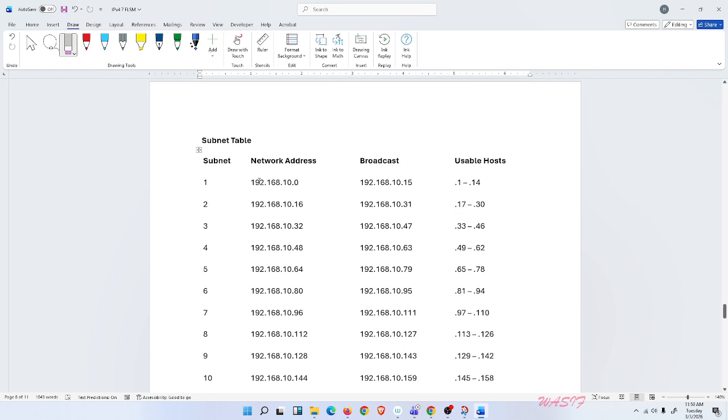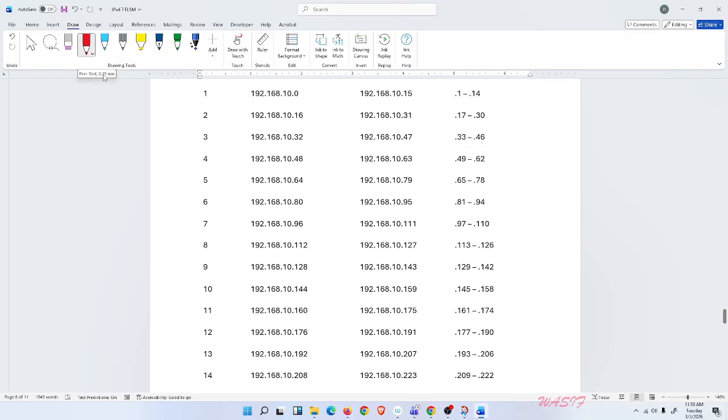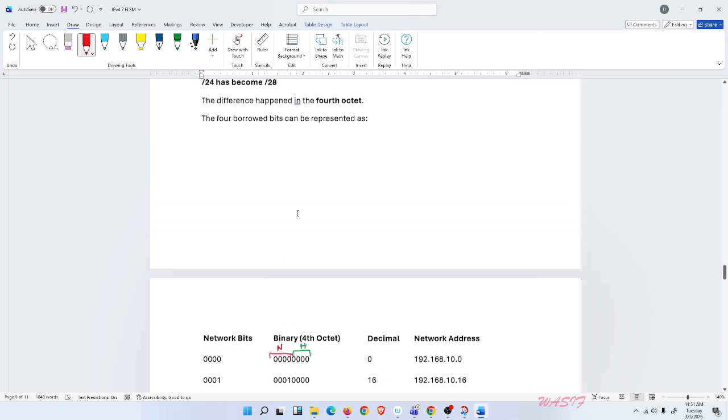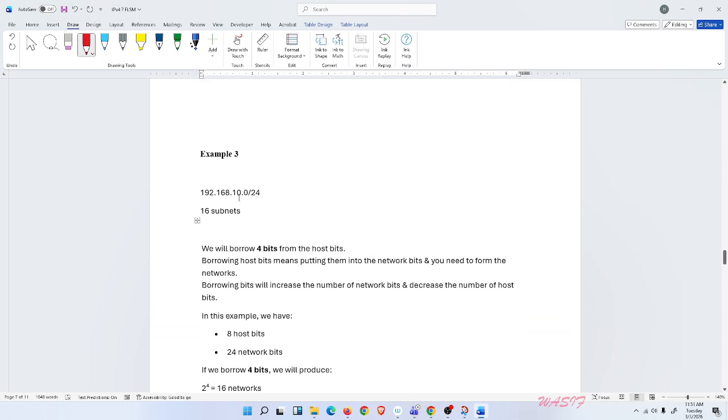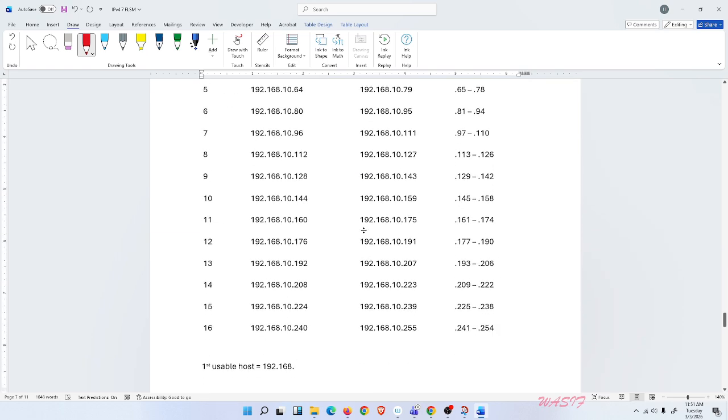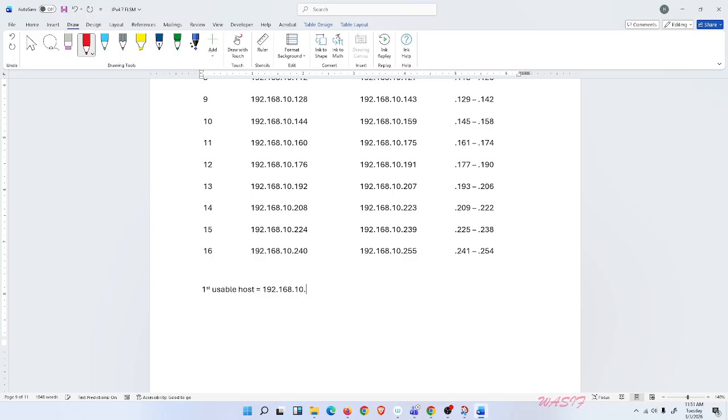Now in the exam, if you get a question asking what is the first usable host, let me write it here. First usable host. It starts with 192.168, and you need to make sure of the .1.